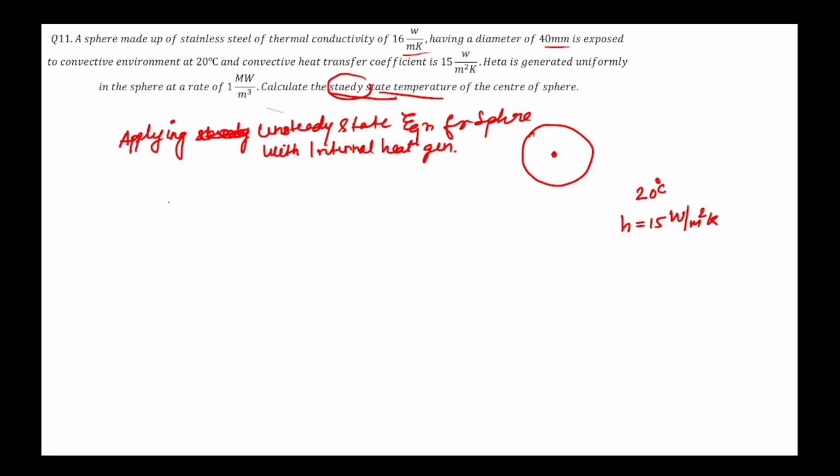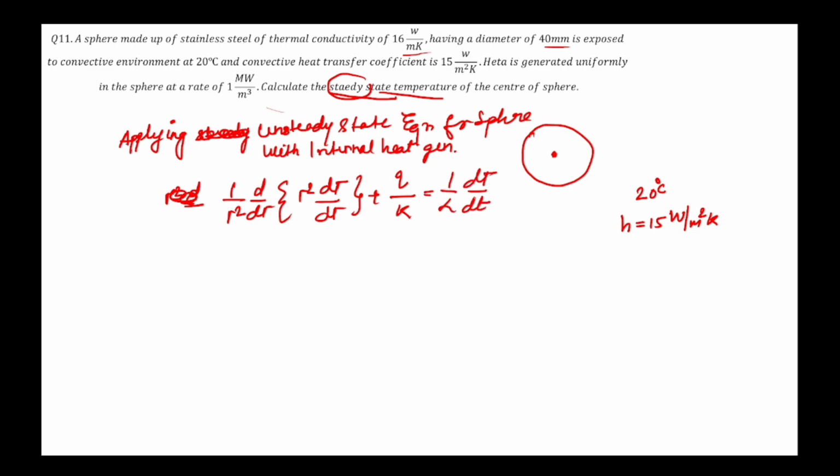What is the equation? 1 upon r square d by dr of r square dT by dr plus q by k is equal to 1 upon alpha dT by dt. This is the unsteady state equation for a sphere with internal heat generation.